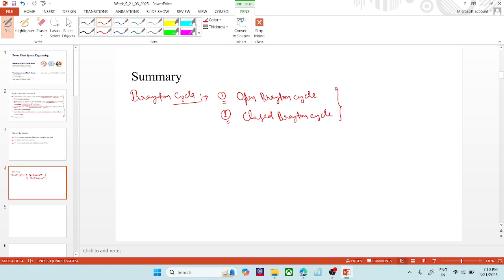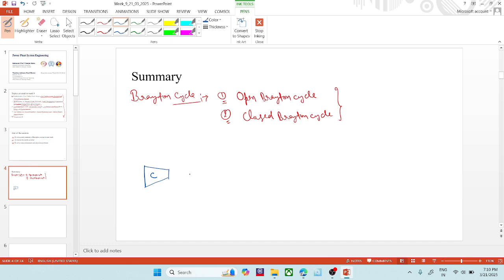You will get to know this in the pictorial view, or the block diagram, of the different Brayton cycles. Let me draw first. The open Brayton cycle has majorly three components.